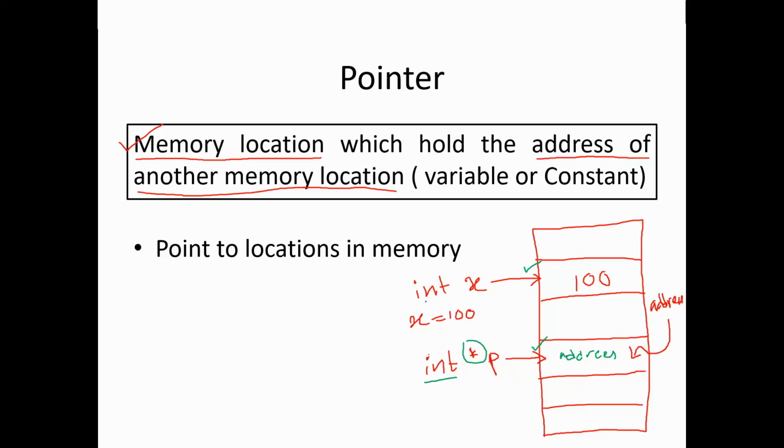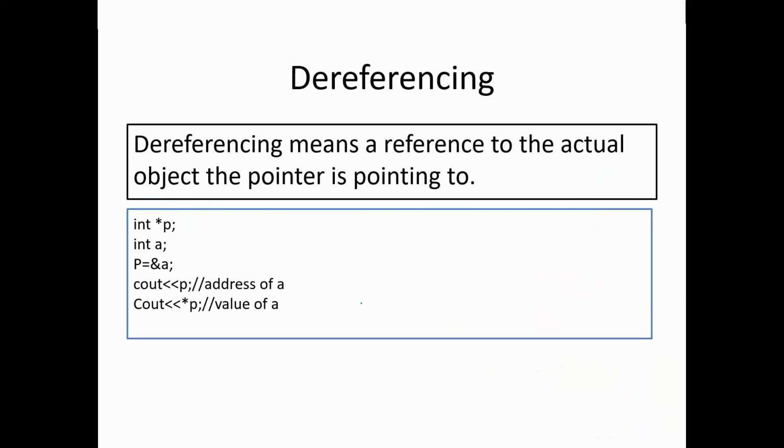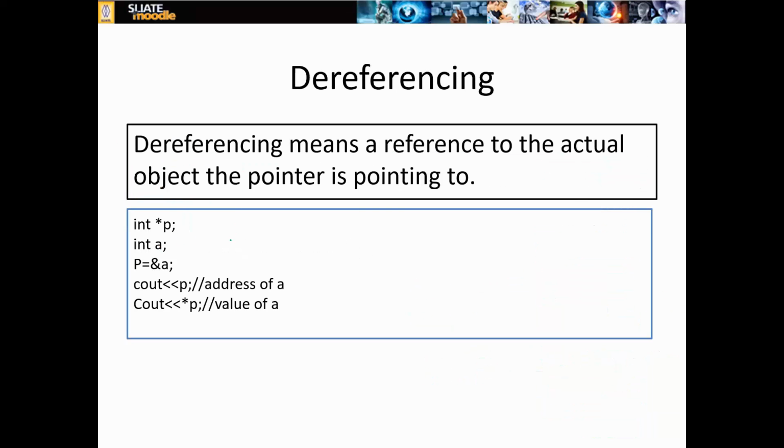In this case, the variable type is int, therefore this place will hold an integer value. When we create the pointer, this will store the address of another memory location which has an int value. For an example, if you want to refer this to this one, then you can simply do that, right? So I'll show you how to do that.